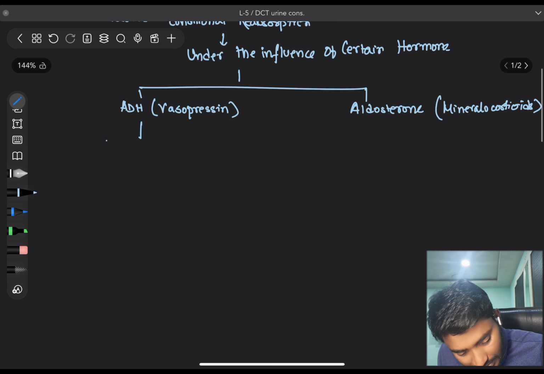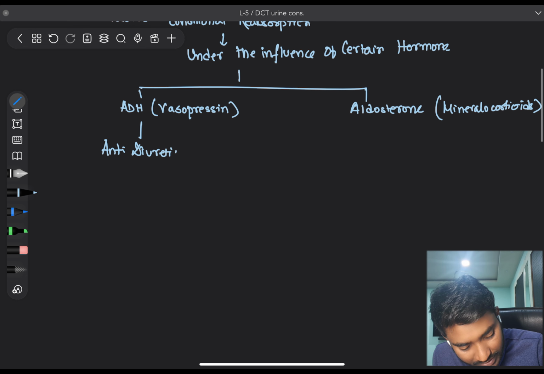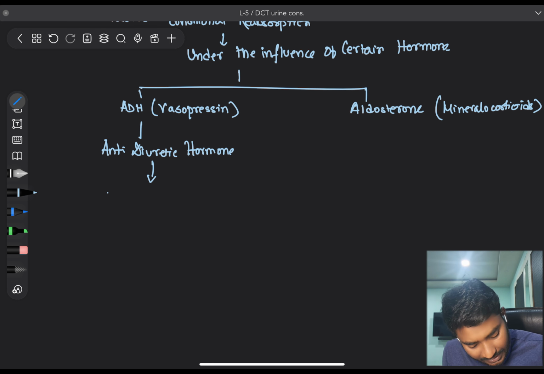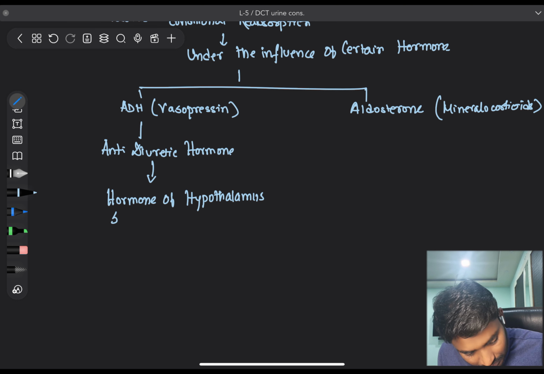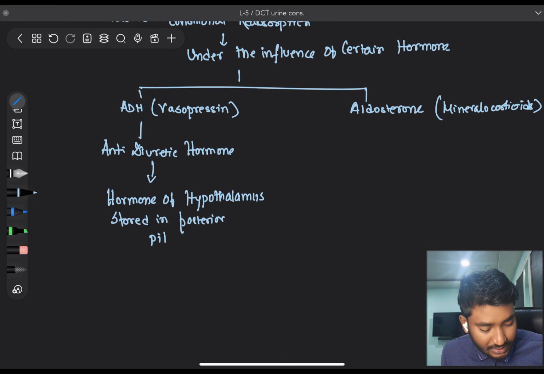Okay, now the ADH full form is anti-diuretic hormone. Okay, now what happens? ADH is a hormone of the hypothalamus. Where is it stored? It is stored in the posterior pituitary, also called neurohypophysis.